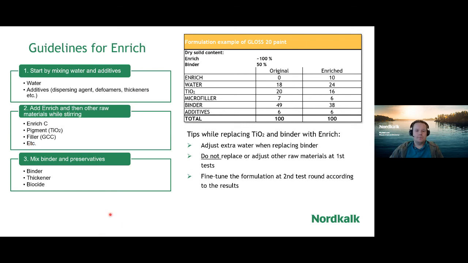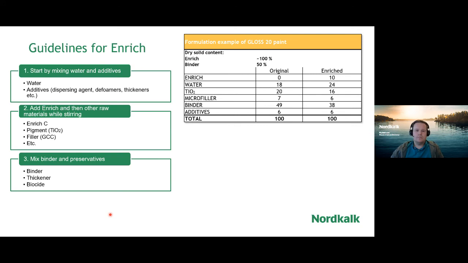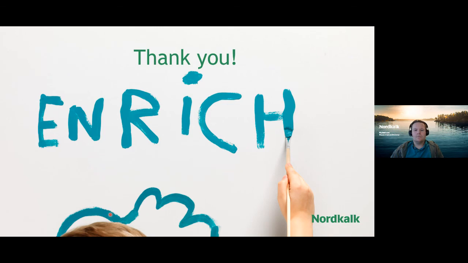Then we have one question left. Have you done artificial weathering when increasing the PVC of facade paints? By ourselves, we haven't done artificial weathering, but our customers have, and based on those tests, at least in those applications, it has worked well, even with the higher PVC.